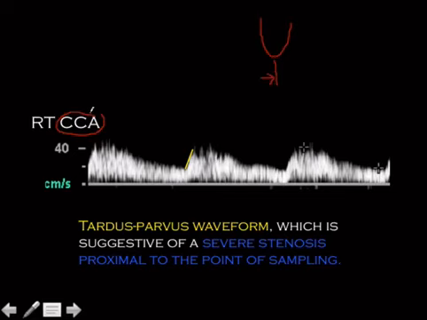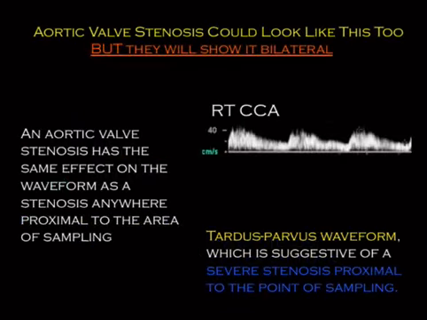That is a trick also that's telling you that this is a really central stenosis. So this is going to occur either at the valve or innominate since it's on the right. But I think if it was valvular, they would show it on both sides. If you got both of them with tardus parvus, it's going to be a valve, aortic stenosis. Otherwise, you can just assume that they mean it's going to have a laterality to it.